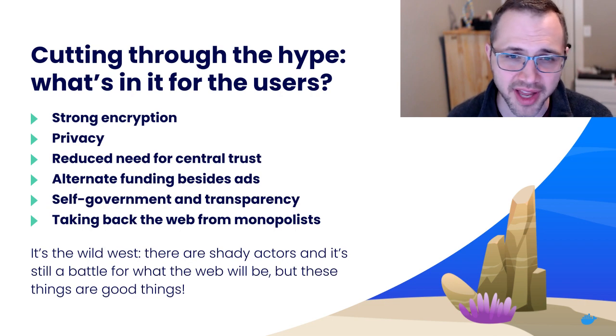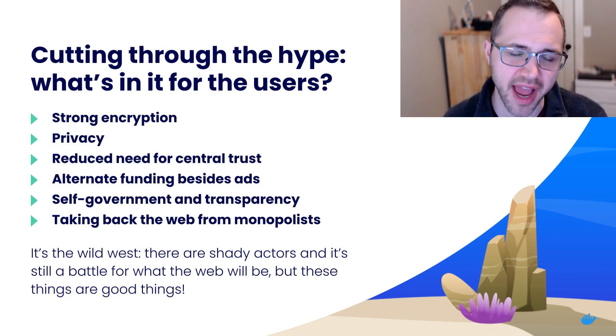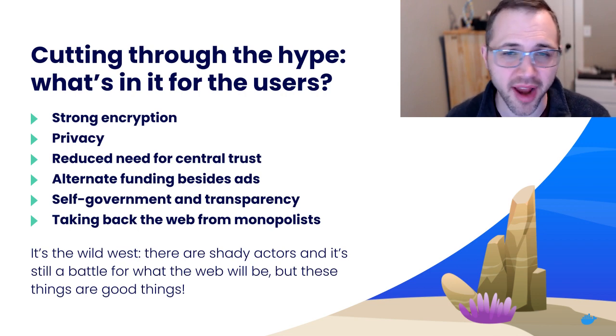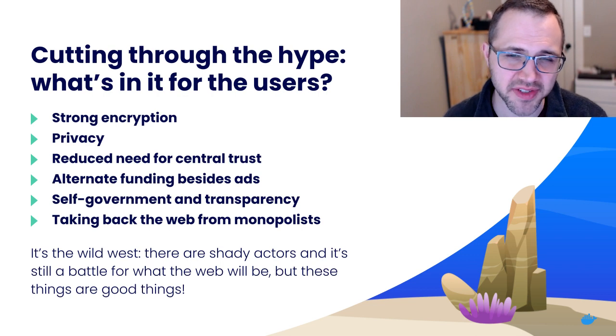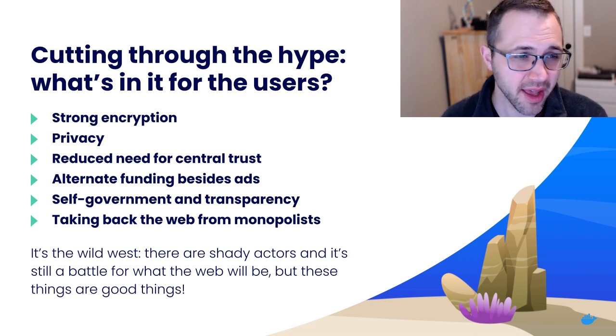End-to-end encryption and client-side encryption are much better than trusting some central provider with your private data, which leads us into privacy. How can you control your activities and your actions online in a way that you're benefiting from, but not someone else? Reducing the need for central trust in general. Privacy, of course, is one angle, but there are many other angles in which central trust has often been abused, and we're a little sick of it.